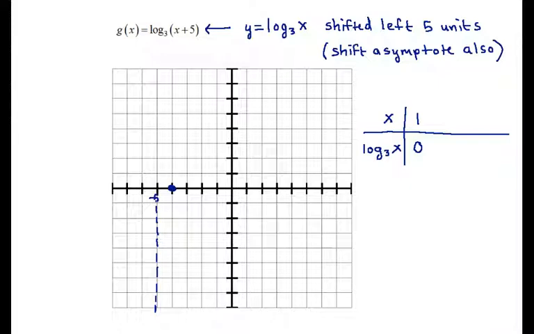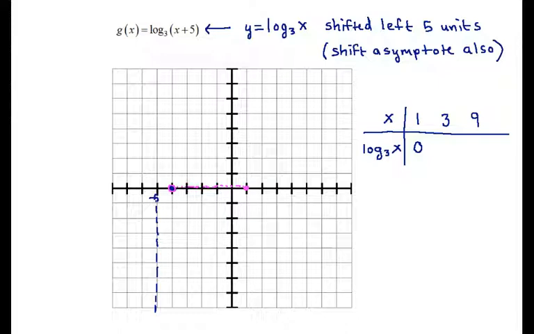So that means that on my log to base 3 of x graph, I would have a point here at 1, 0. When I shift that over 5 units, just like I shifted my asymptote over 5 units, it ends up still 1 unit away from the asymptote, just like in the original graph. It's easiest to figure out log to base 3 of numbers that are powers of 3, so I'm going to use 3 and 9 for my x values.